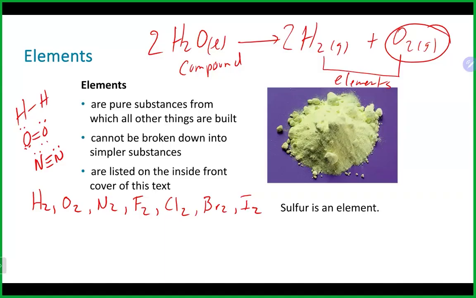So if you ever see anything in words and you need to eventually turn it into a formula, and they say hydrogen gas, that's H2. If they say molecular hydrogen or molecular oxygen, that is H2 and O2. Again, that's how they naturally come. That's pretty much here on the periodic table. We've got our hydrogen, our nitrogen, oxygen, and down this group.